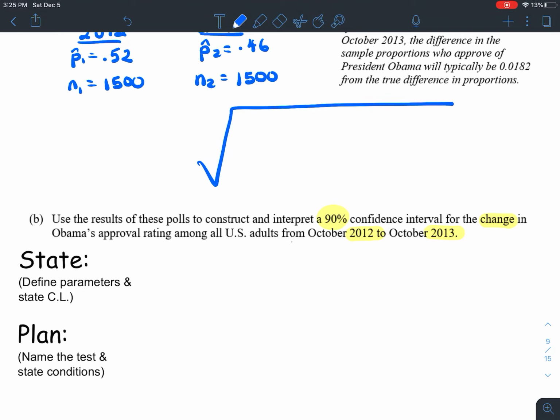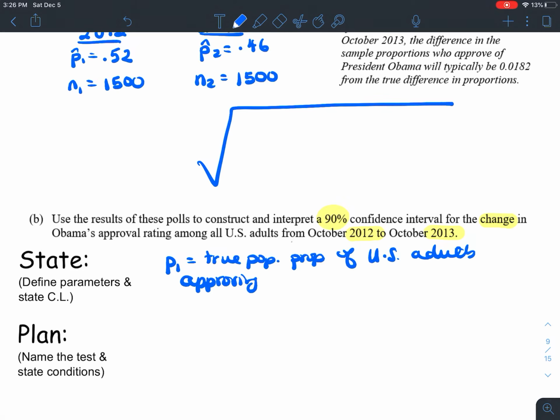We're going to define our parameters here to begin with. Remember, these are the parameters, so we're not putting p hats here. P1 is the true population proportion of U.S. adults approving of Obama in 2012.